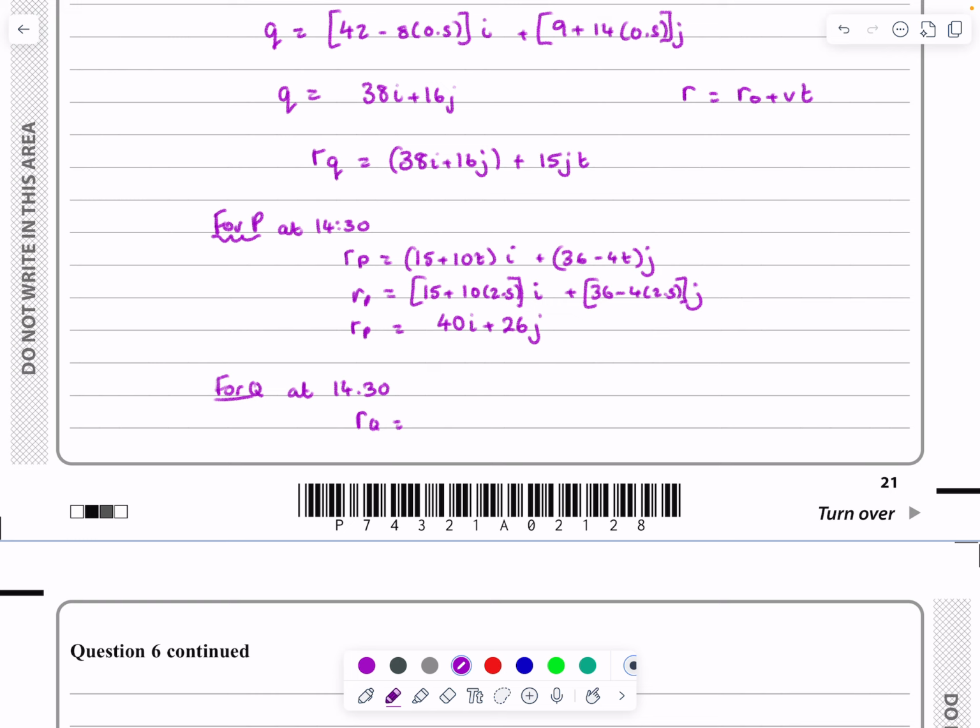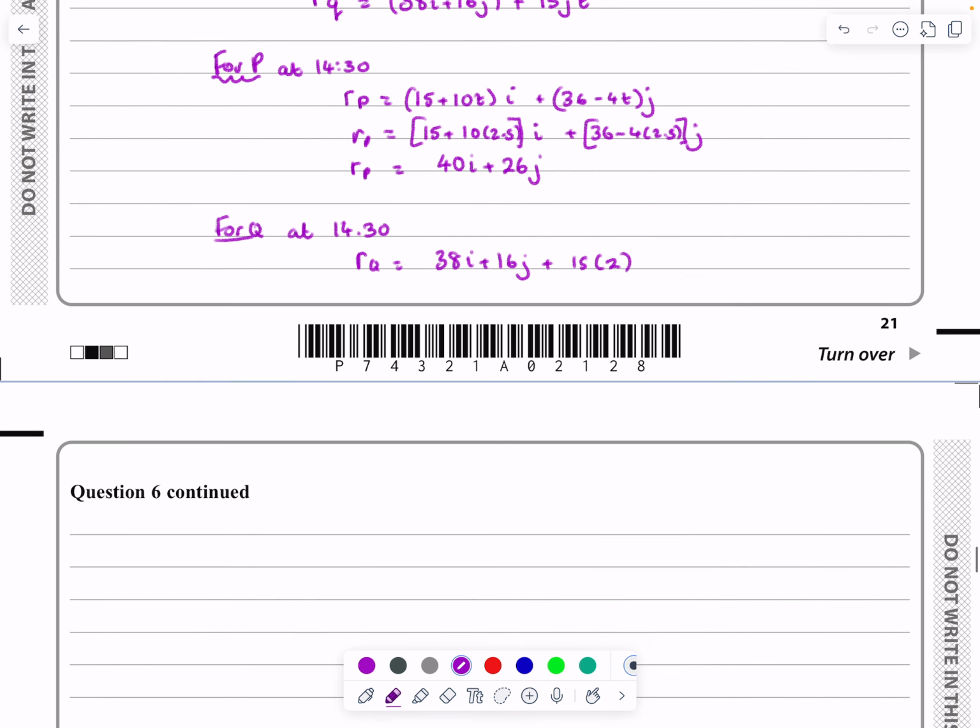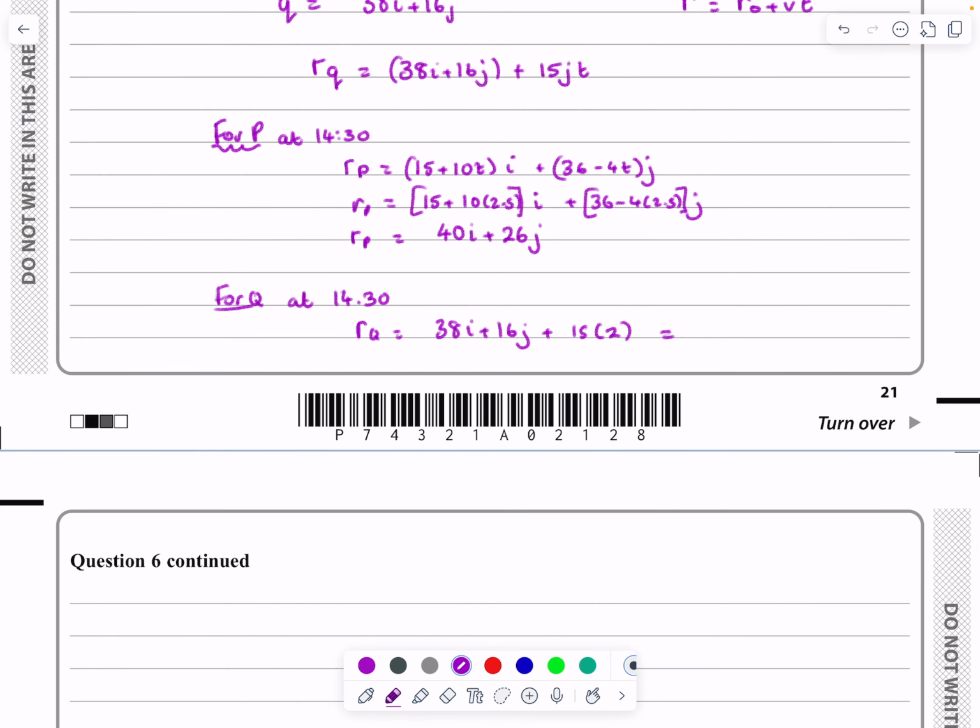So that's going to be 38i plus 16j plus 15 times 2j there. So that's going to give me, just work that out, that's going to give me for Q 38i plus 46j.